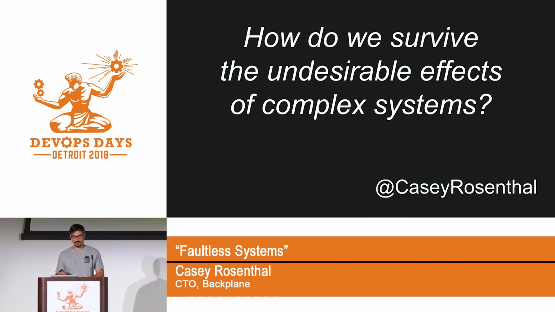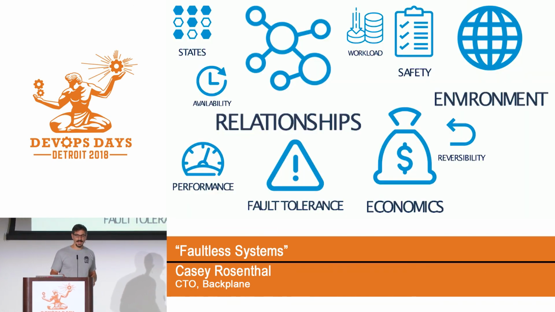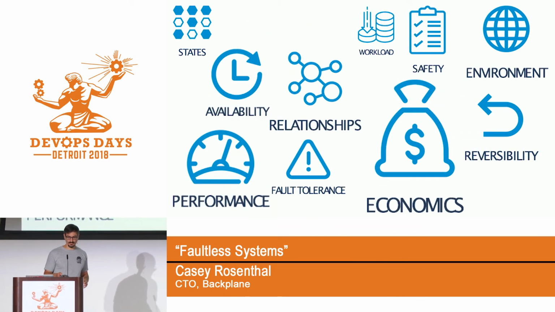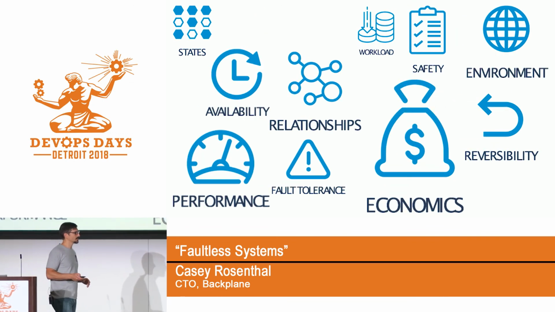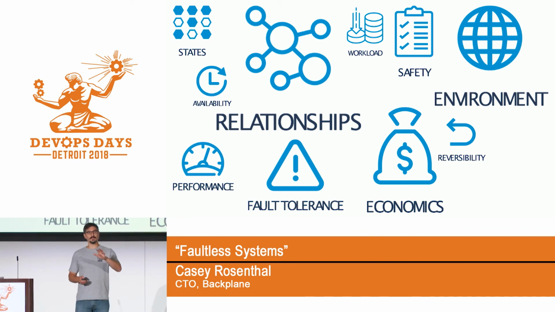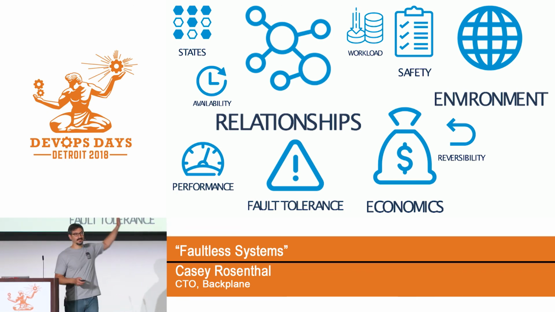So how do we survive the undesirable effects of complex systems? As you're going through your day as an engineer or a sysadmin or just working in software, if you're not dealing with a complex system yet, it's more and more likely that you will be. And you've got all of these things that you have to optimize for.